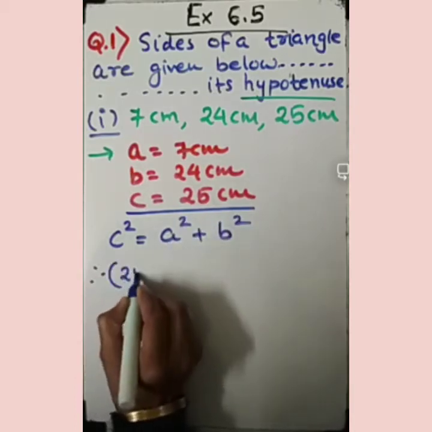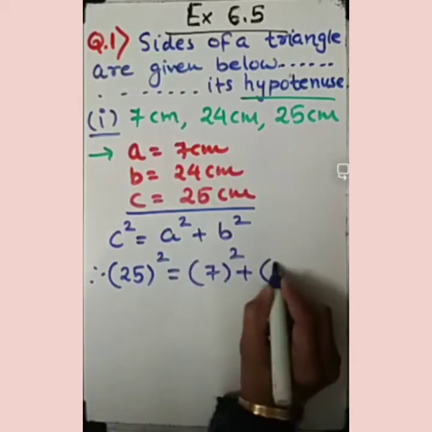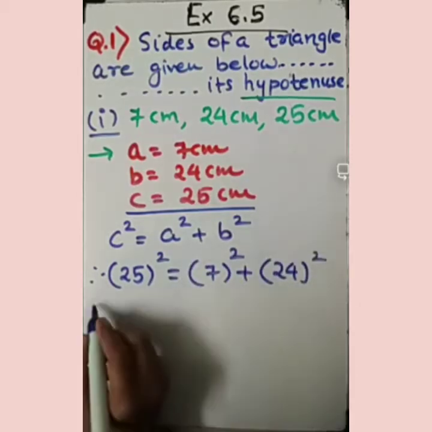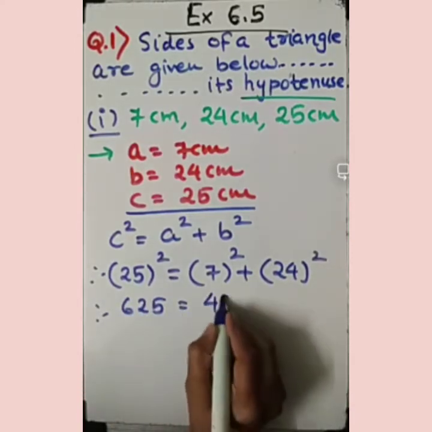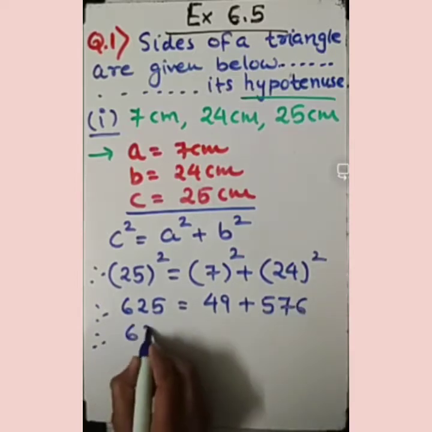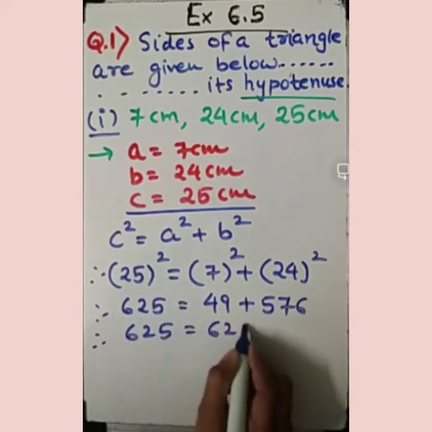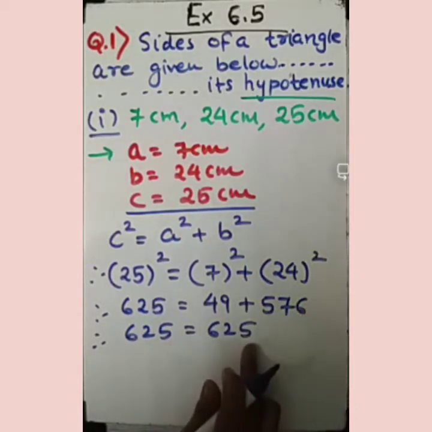Let's check whether it satisfies this equation or not. The value of B is 24. We know this is 625, this is 49 plus 576. So of course both the sides are coming similar. 625 equal to 625.